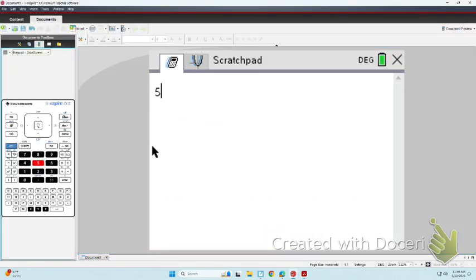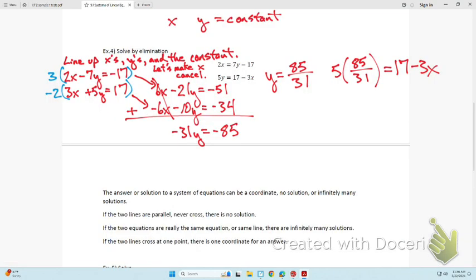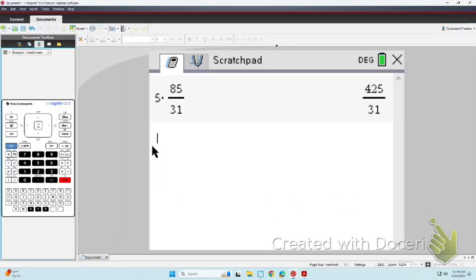I go 5 times 85 over 31, and I get a rough number, 425 over 31. Now I need to solve for x. So I'm going to stick with the Inspire. I'm going to subtract 17, and I get negative 102 over 31.